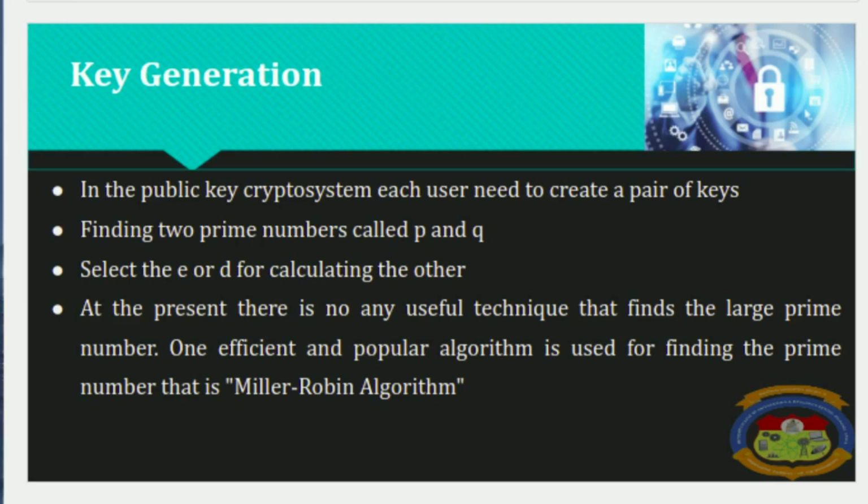If that number is not prime, then choose the next random number and check it, until we find a prime number. One efficient and popular algorithm used for finding prime numbers is the Miller-Rabin algorithm.